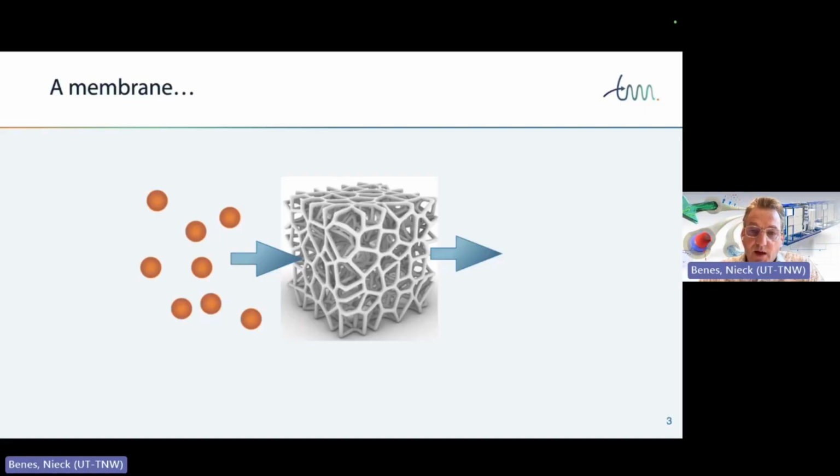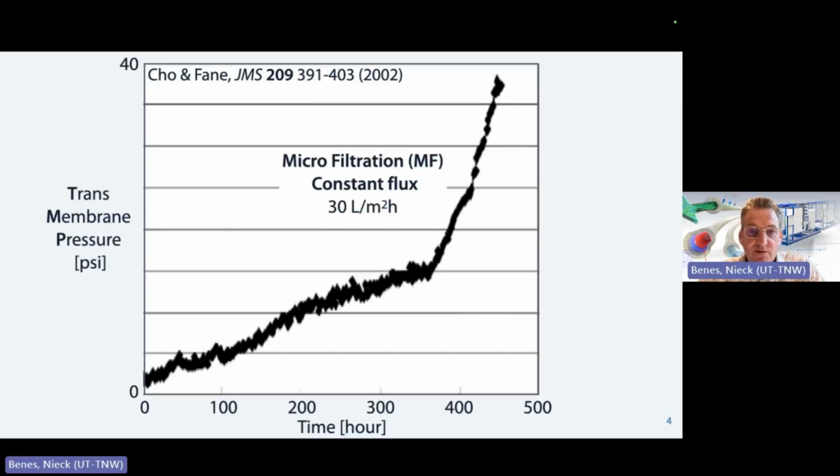What is also important is that there is an overall transport. So we have something moving through the membrane, and this movement of the fluid causes very effective transport of foulants towards the surface of the membrane. So this transport through the membrane is actually very important for the characteristics of fouling of these types of devices.